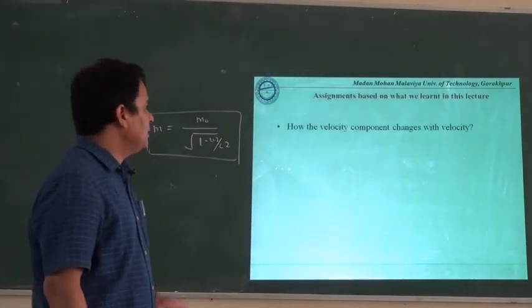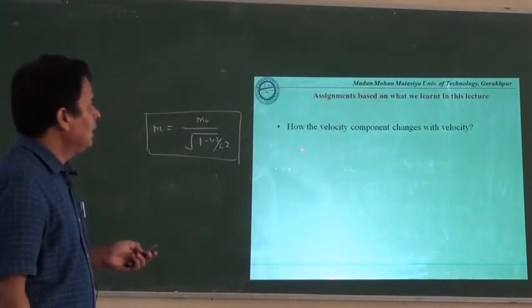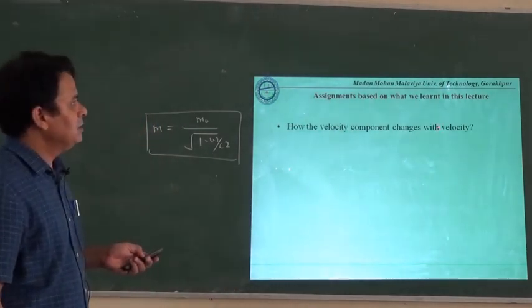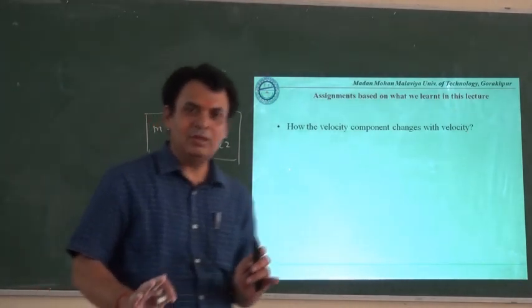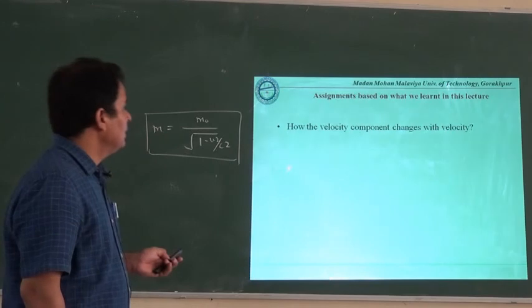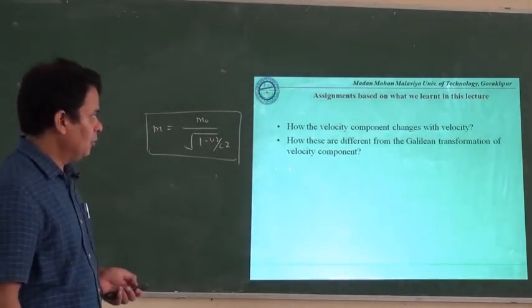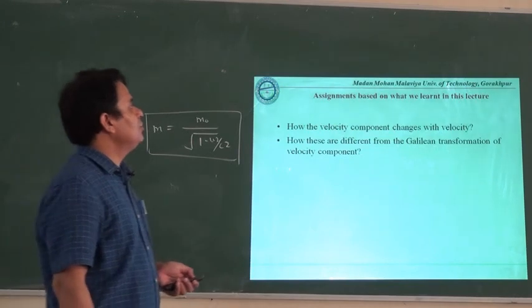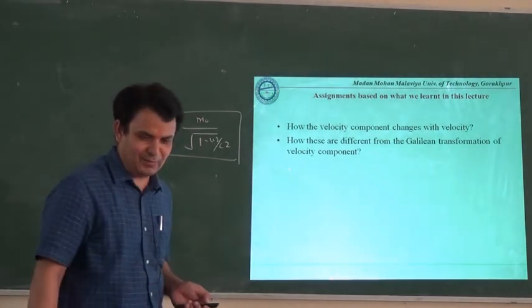As far as assignment is concerned, you should practice this. How the velocity components change with velocity, meaning you have to derive the velocity addition theory. Next point is what we have to practice: how these are different from the Galilean transformation of velocity components.